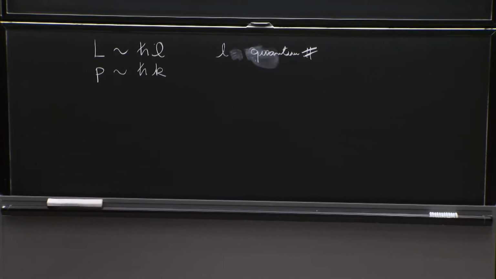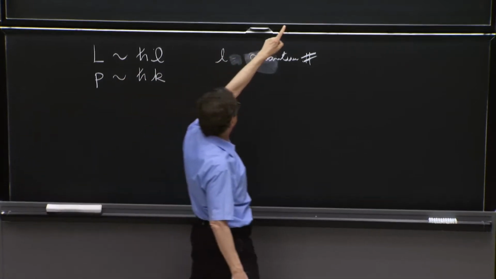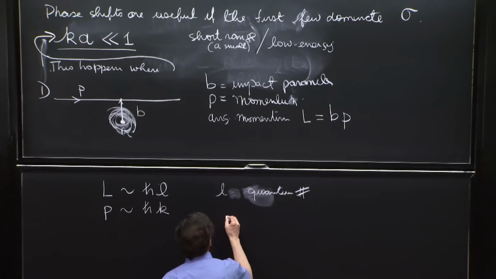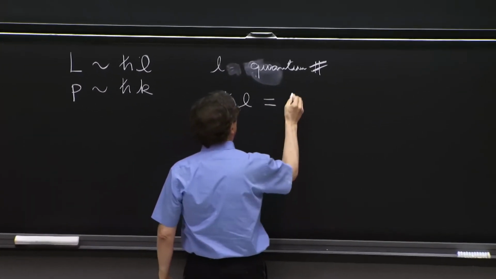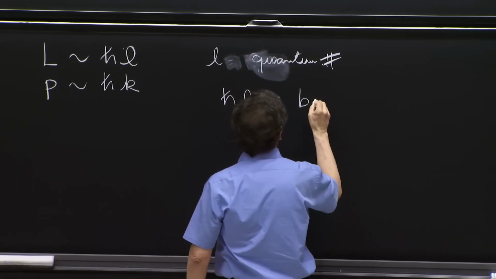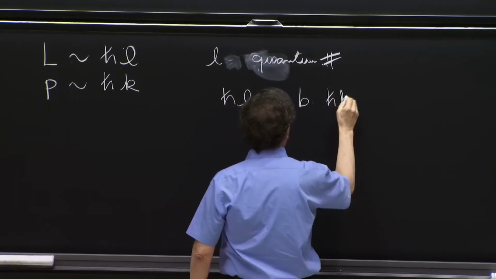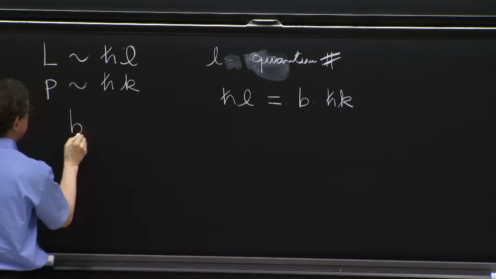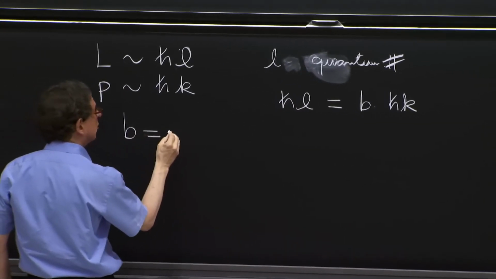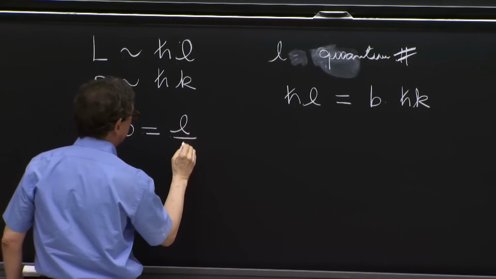So if I substitute those two pieces of information into the relation of the angular momentum here, so L is equal to ħl, and b multiplies ħk, we get that the impact parameter can be visualized as l over k.